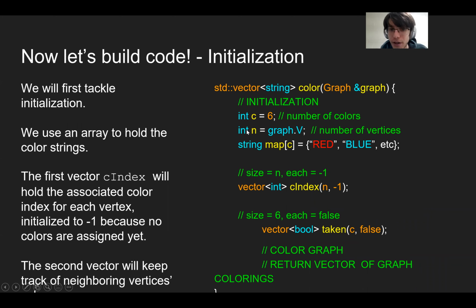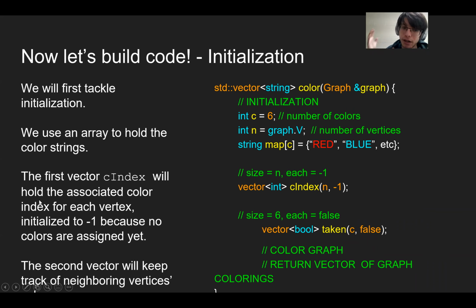So we have exactly this. C is our number of colors, N is our number of vertices, and we make a map. It's a string map of size C, and it's just all the colors that we have in our vector C index.